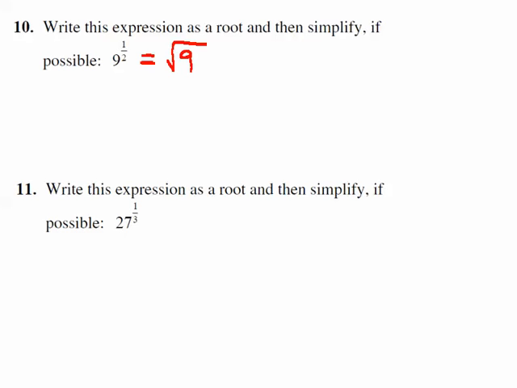That just means the square root of 9, and then we can simplify that down to 3. Eventually you should be able to see 9 to the 1/2 exponent and just say 3, but we're building the connection here. Okay, so 27 to the exponent of 1/3 as a root is the cube root of 27, which is 3.